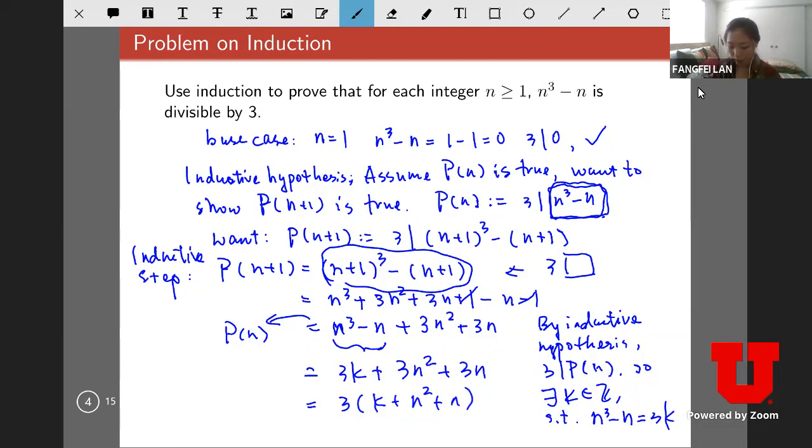We know that n and k are both integers, so by closure property of integers, we can write this as 3c, where c is equal to k plus n squared plus n. So we reached our goal successfully, and we conclude that Pn plus 1 is also true.